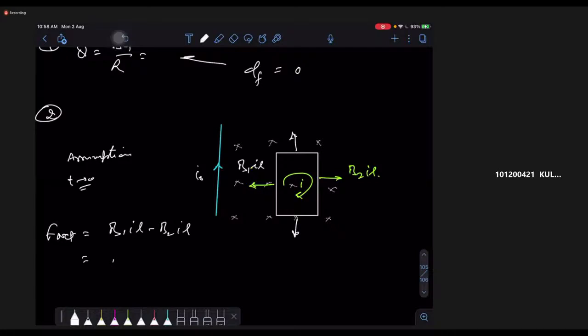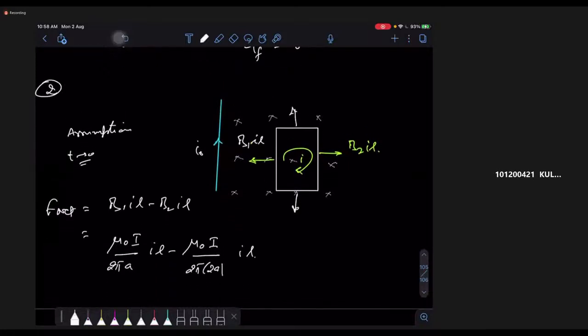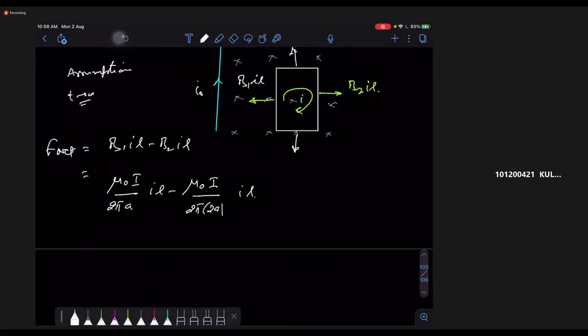Okay, impulsive. So we have the magnetic field at the point A as mu naught I divided by 2 pi A. Current is IL. On the second wire, the perpendicular distance becomes 2A, that is mu naught I by 2 pi 2A, times IL. For a momentum change, you can say the net momentum change is equal to the impulse. So it is going to be force into time.